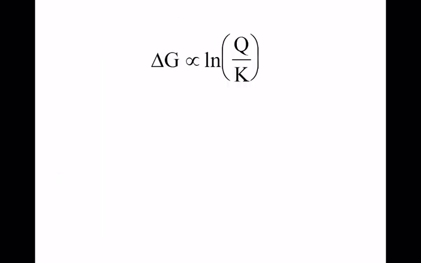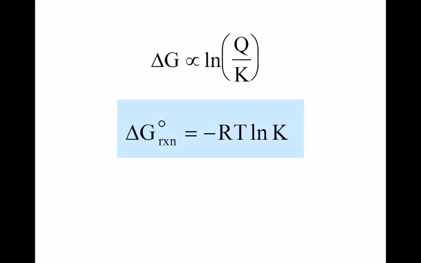Remember, that's the proportionality symbol. As it turns out, the Gibbs free energy of a reaction is proportional to the natural log of the ratio of the reaction quotient Q to its equilibrium constant K. Well, we know that we can replace proportionality symbols with equal signs.